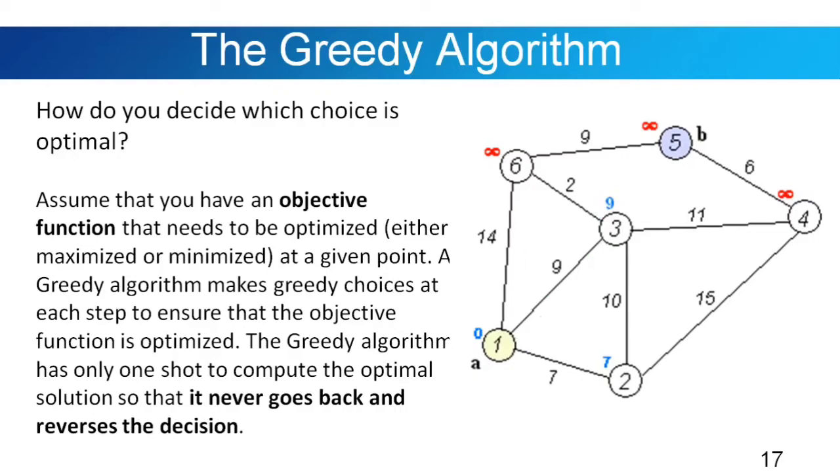Assume that you have an objective function that needs to be optimized, either maximized or minimized at a given point. A greedy algorithm makes greedy choices at each step to ensure that the objective function is optimized. The greedy algorithm has only one shot to compute the optimal solution, so it never goes back and reverses that decision.